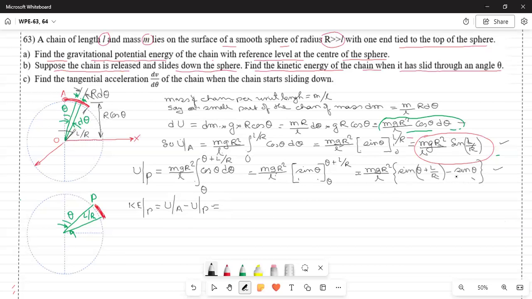In these two expressions, mg r square by L is common.